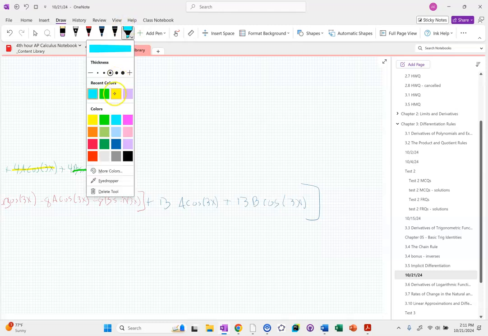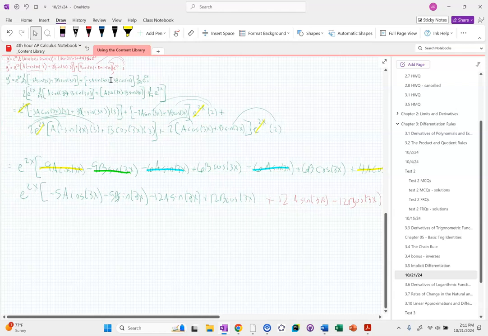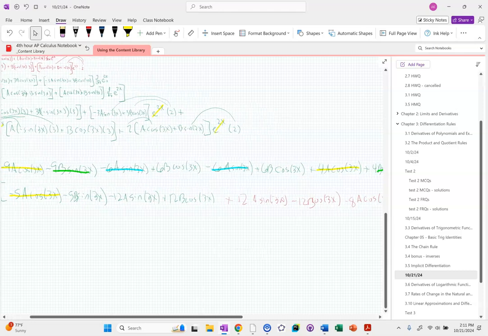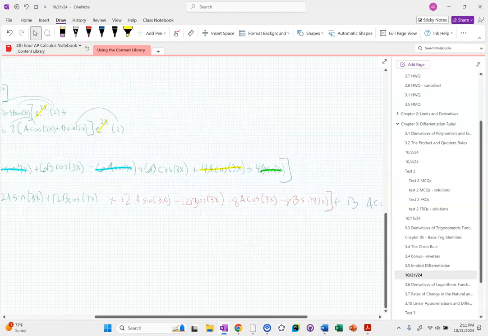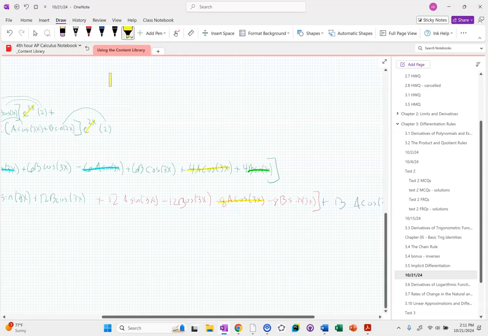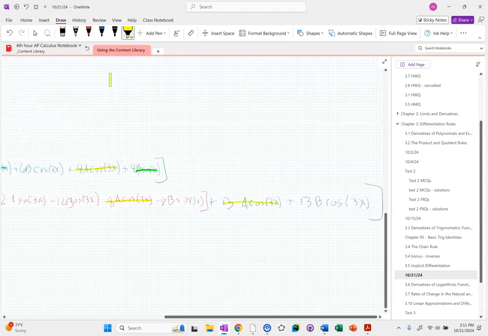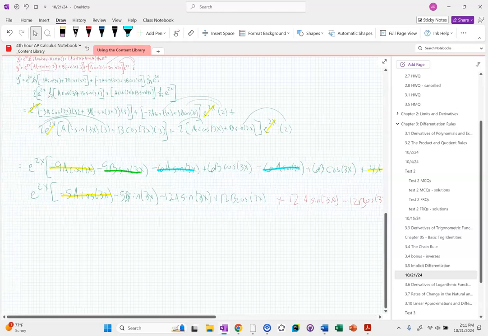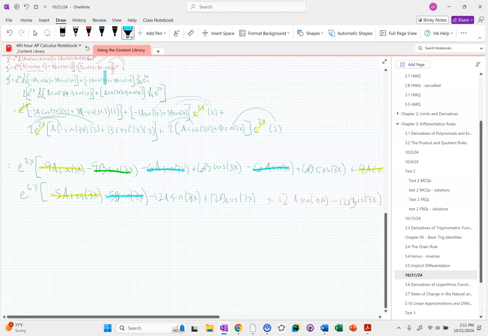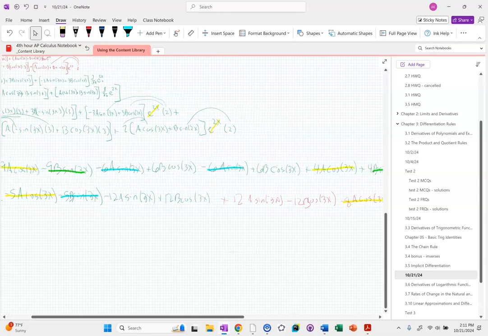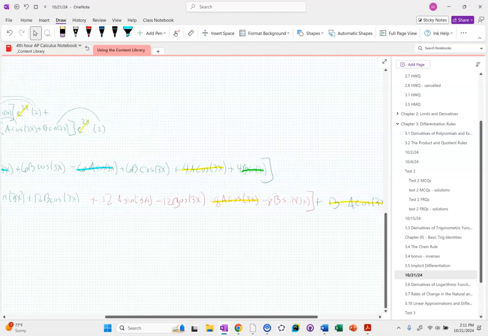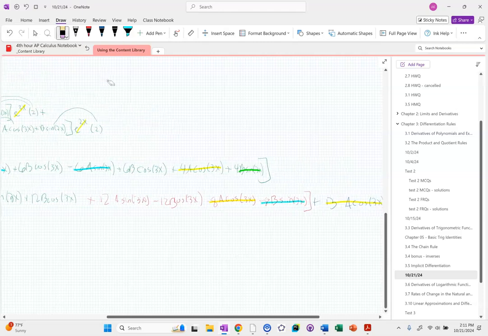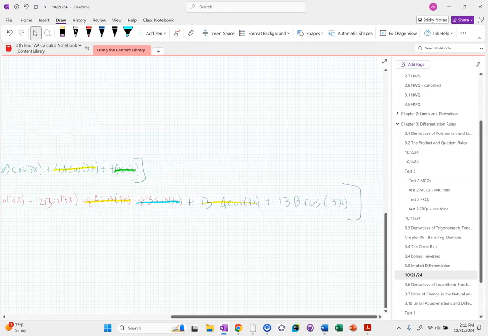All right, let's go like term hunting here. So negative 5a cosine, so that's negative 8a more, so that's negative 13a cosine. And then positive 13a cosine, that's all 0. And then we have a negative 5b sine, and then we have a negative 8b sine, so that's negative 13b sine.